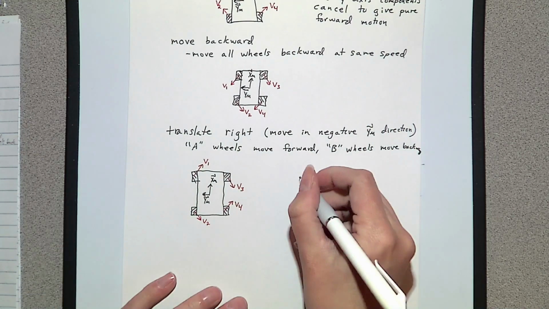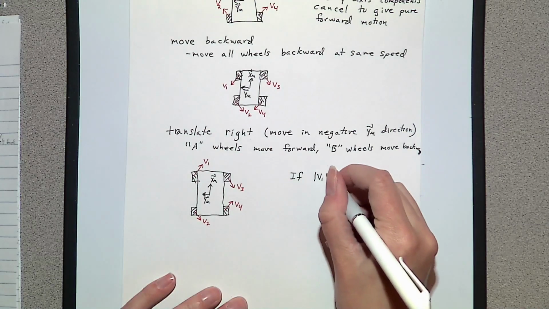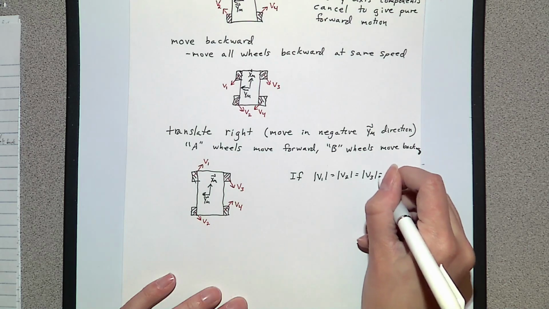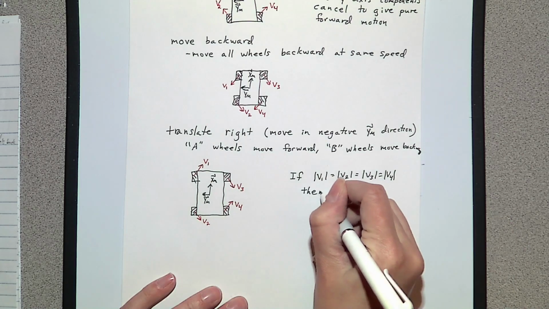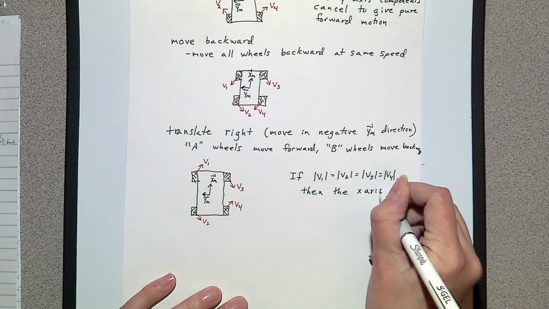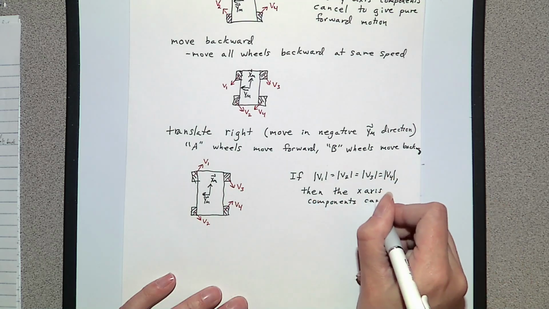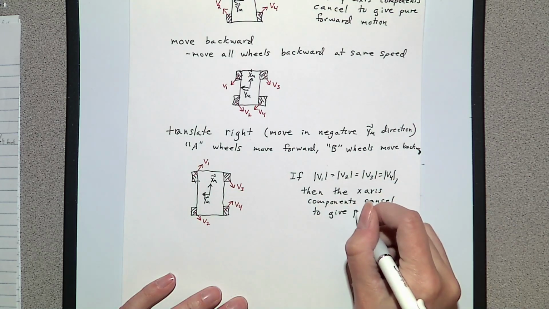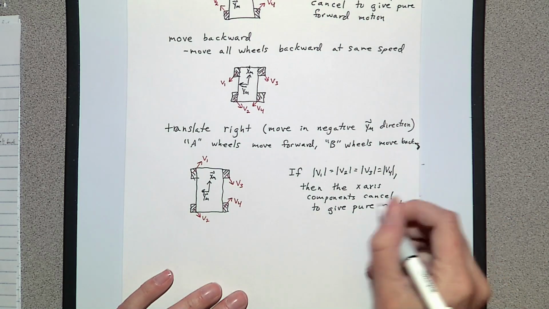And so if our magnitudes of V1, V2, V3, and V4 are equal, then our x-axis components cancel, to give pure right translation.